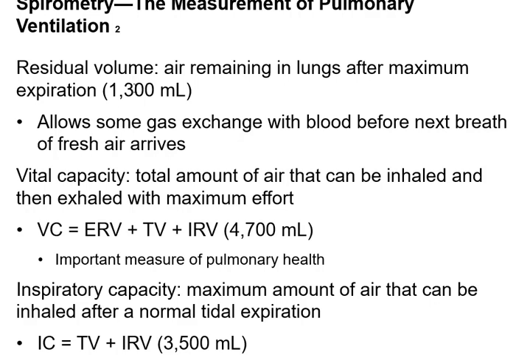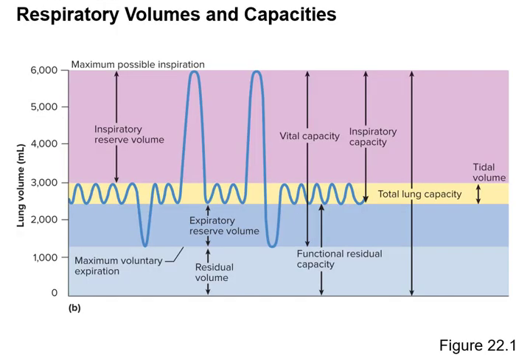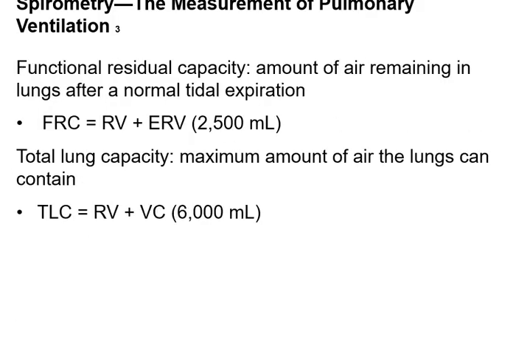So remember, we got 1,300 that you can't exhale. So if you took the vital capacity and added on the residual volume, you get the total capacity, the total amount that you could hold, which would be 6 liters. So 1,300 plus 4,700 is the 6,000. So it looks like a bunch of math and a bunch of abbreviations, but if you go back and forth with the graph, then you're like, okay, I got it.